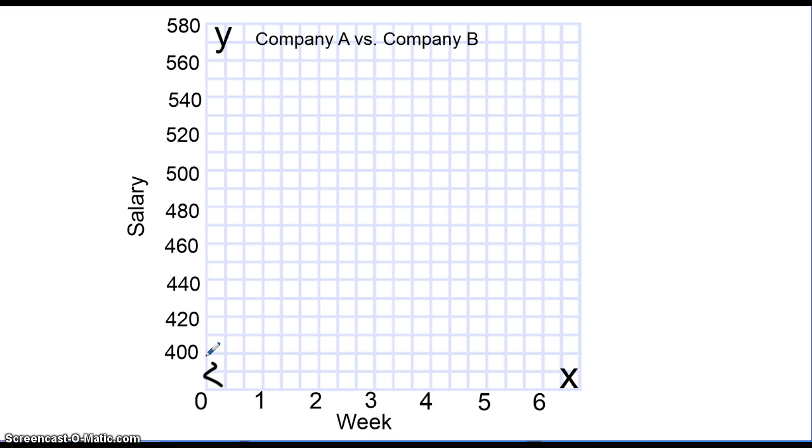Just kidding. At Company A, he makes $440. Then he makes $450 at week 1, $460 at week 2, $470 at week 3, $480 at week 4, $490 at week 5, and $500 at week 6.